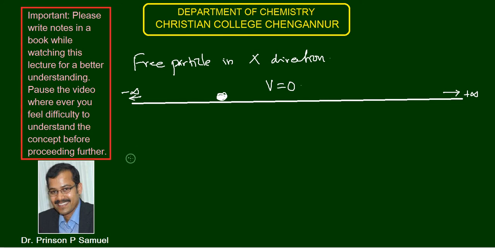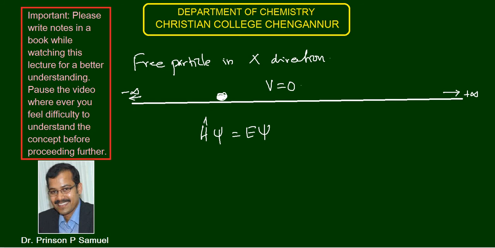So what is the Schrodinger wave equation? It is H cap psi equal to E psi, where H cap is the Hamiltonian operator, psi is the wave function, and E is the energy of the system.